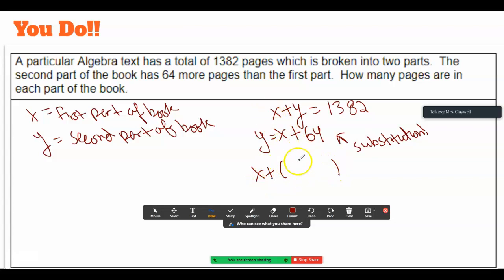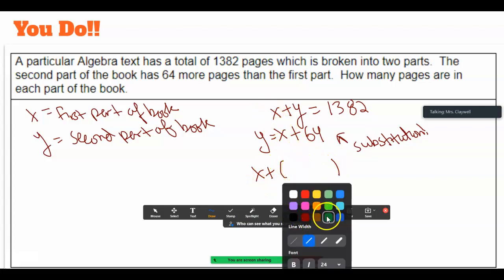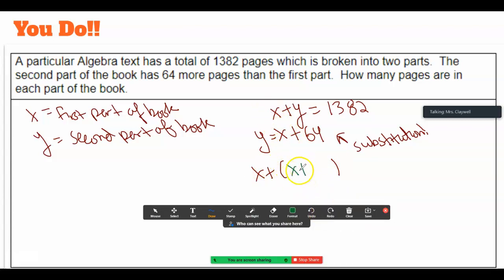So I'm going to go back to my original equation, and wherever I see a y, I'm going to put my x plus 64.